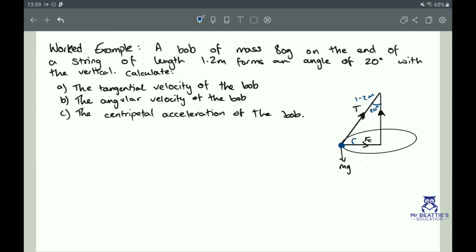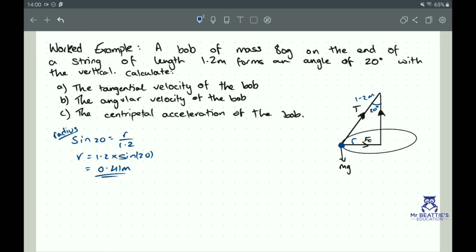Then sine of 20 is equal to r over 1.2, so r is equal to 1.2 times sine 20, which is 0.41 meters. And so that's our radius of the circle. That's how we would use the physical distances of this object to work out the radius, because you can't do any of the other equations we worked out without the radius.